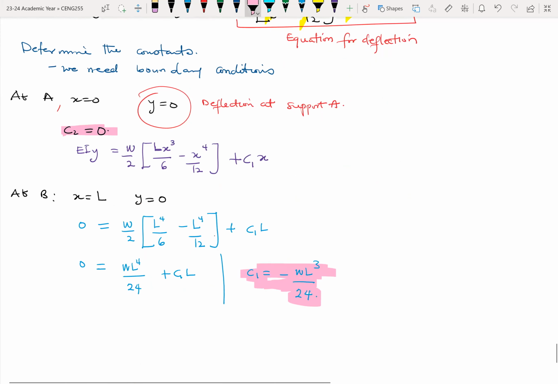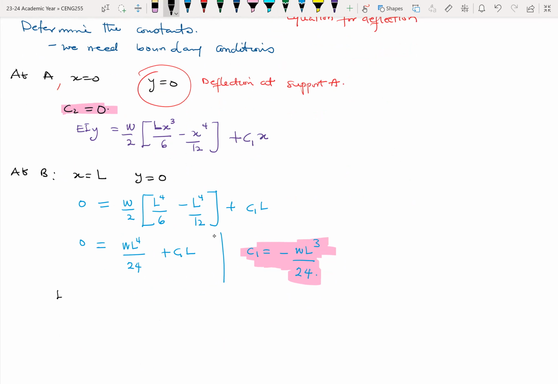So once I have these two, I can now write my equation properly, whereby EIY is equal to W over 2 times LX cube over 6 minus X4 over 12, minus WL cube over 24 X. So I'm replacing the C1 by minus WL cube over 24.